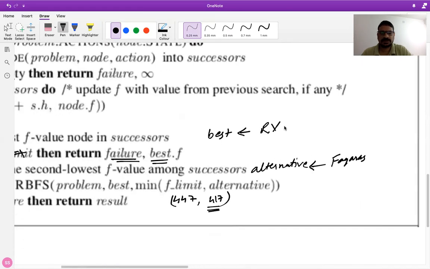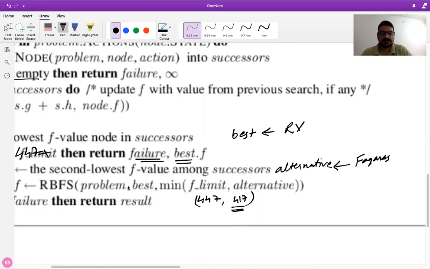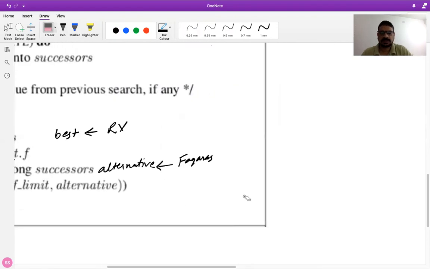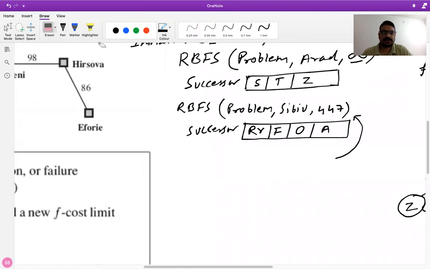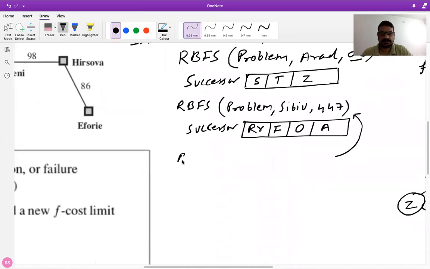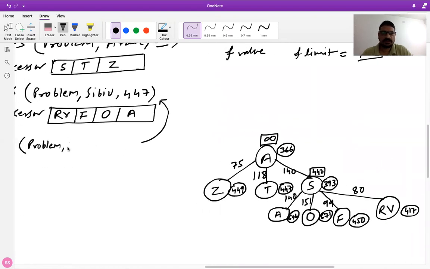Now what we'll do is we'll call RBFS with the problem, best, and the minimum of these two. So we'll call RBFS with the problem. What is my best? My best is Rumni ki Vilaka. And what is my F limit?